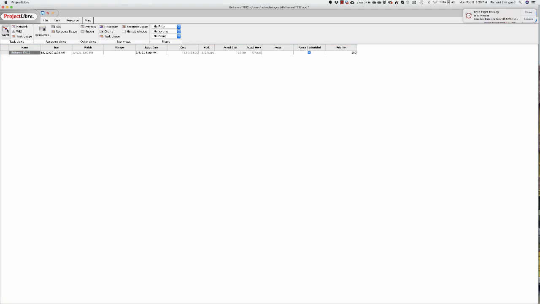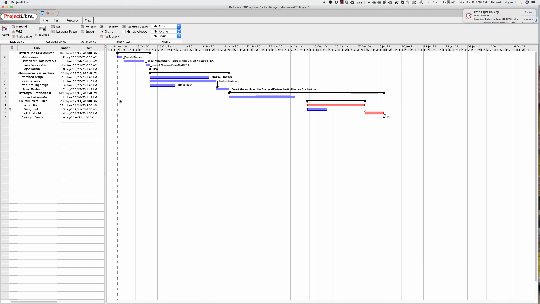Back to the Gantt chart. And now we have activities that are assigned resources. A little change took place here, and that is that the summary, it forced out the workload here.